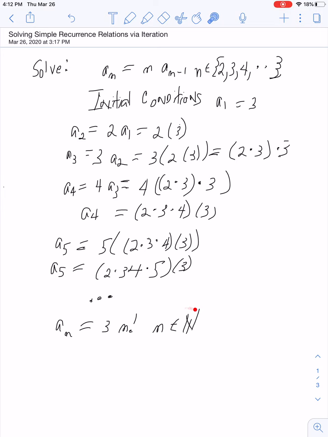But my final answer is good for n element of the natural numbers, and the natural numbers, of course, are 1, 2, 3, 4, etc. So just to remind you, the natural numbers are 1, 2, 3, and keep going. So that's my final solution.